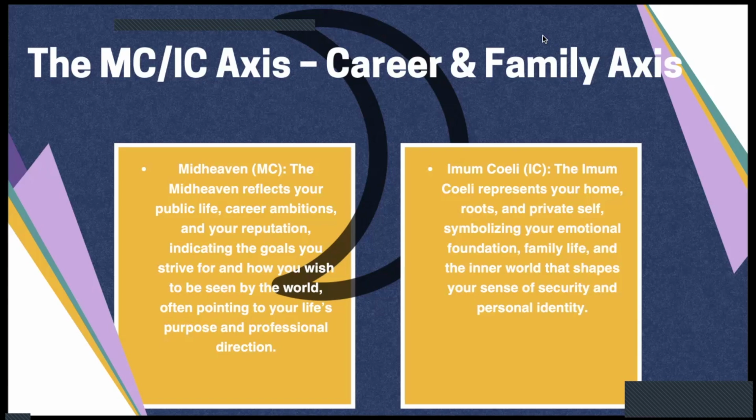What's their emotional foundation? Are they mentally there? Are they emotionally there? Or do they react to every button that's pushed? That's your Imum Coeli. Whatever sign is next to your Imum Coeli, whatever planets are there, is going to show you how you are with your security, your personal, your private, right?